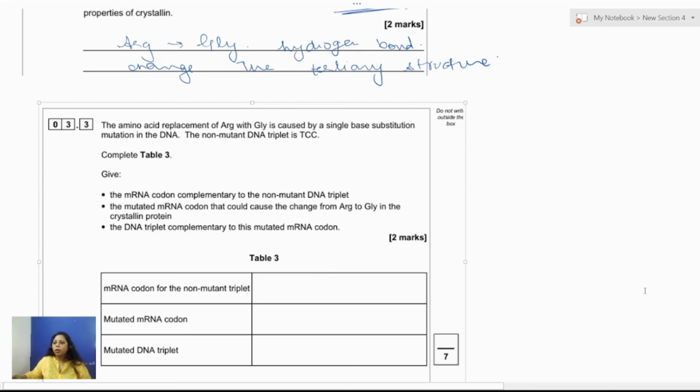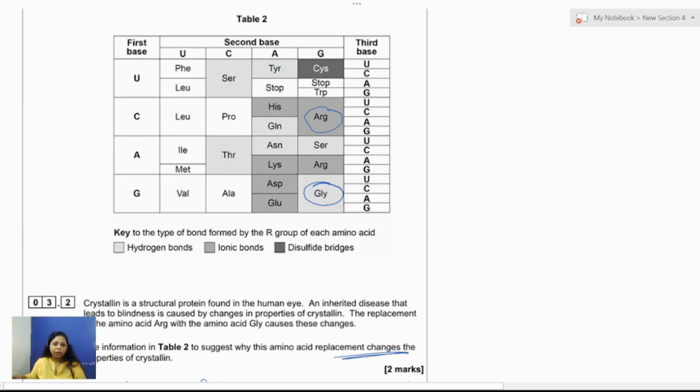Okay, let's find what codes are present in the table. Here is a table. Arginine would be AGG, and glycine can be UGG, it can be CGG, it can be AGG, it can be GGG.